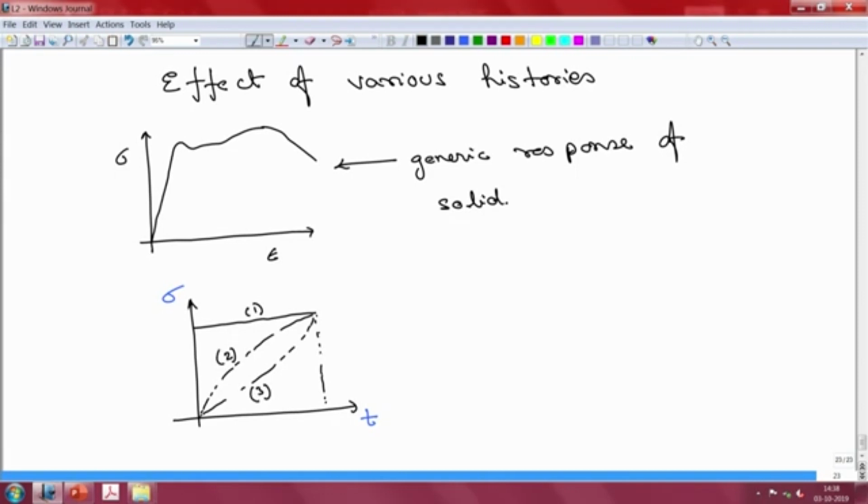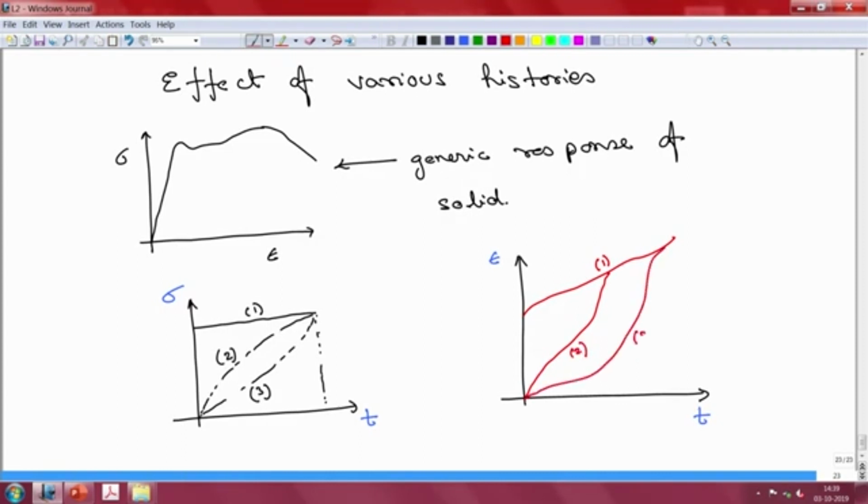What we see when we do these experiments is you are going to be recording the strain with time here, and what you see is that, let us say this is the response to path 1. The response to path 2 can end up at a different location, and here your path 3 can end up at a different location altogether.